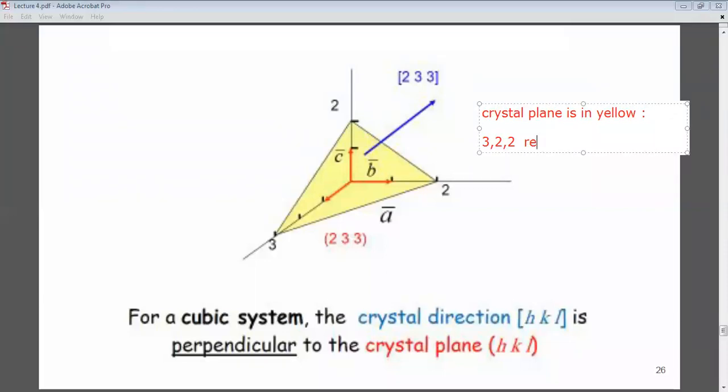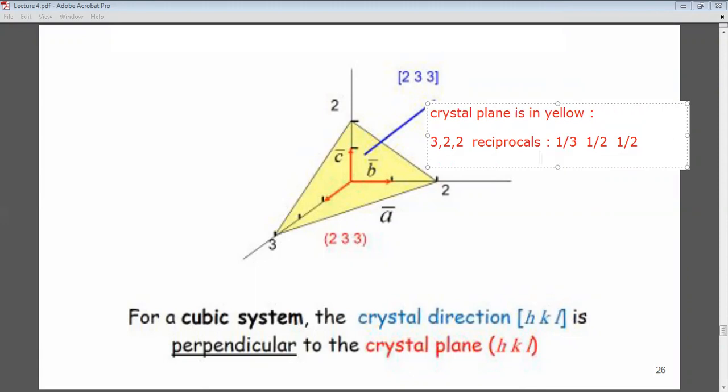Then I look at the reciprocals. 1 over 3, 1 over 2, and 1 over 2. If I multiply by 2, I get 2 over 3, 1, and 1. But I need to get rid of this 3, so I multiply now by 3. So I get 2, 3, 3.